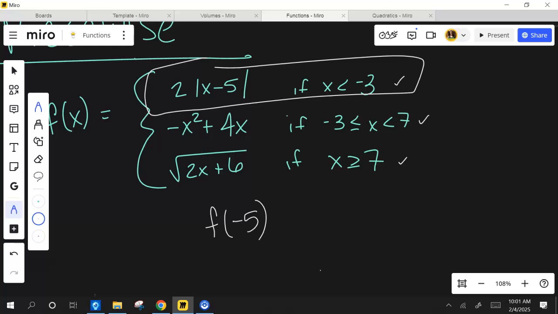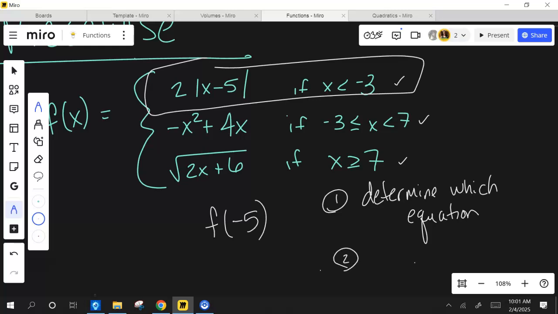No, because you got to do absolute value first. All right, so look, your first step is determine which equation. Then all you have to do is plug in.